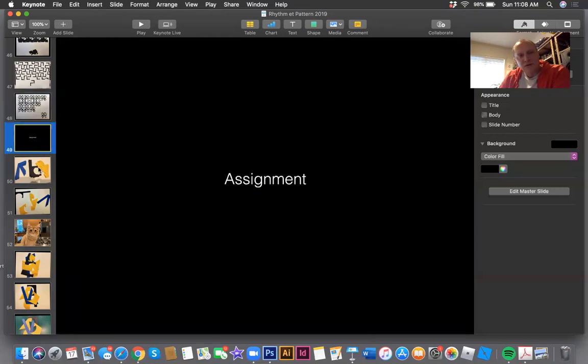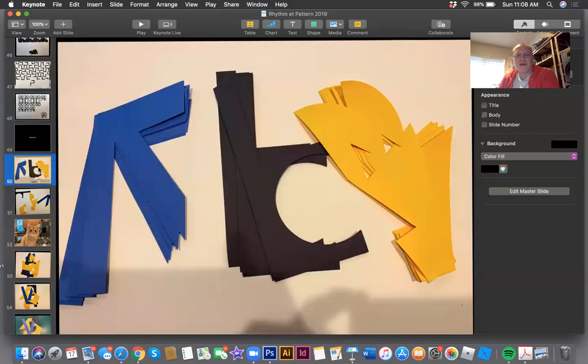Okay, so what you'll be doing is developing 3 designs. And I hope you've saved the scraps from everything you've been cutting off. The easiest way to go about this is to put scraps together to make interesting shapes.